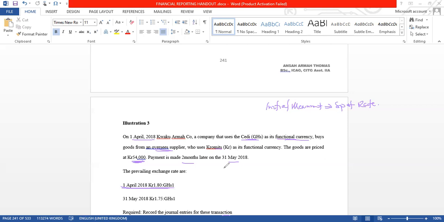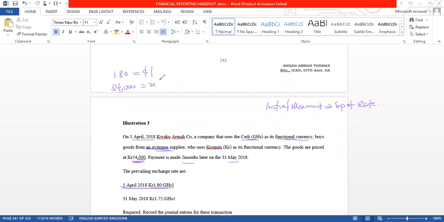So how will we do our conversion? If 1.8 is equal to 1 Ghana cedi, how much will 54,000 be? Like I said, if you get confused, just do: if 1.8 is equal to 1 cedi, then you have 54,000, which will be equal to what?